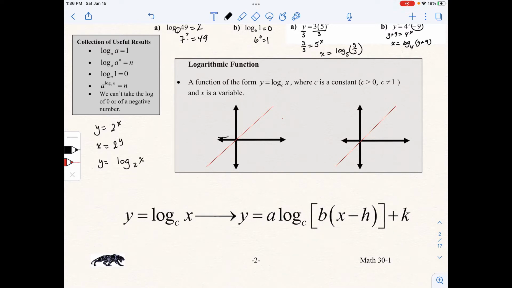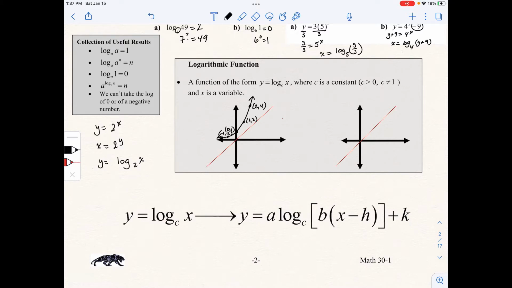Our y equals 2 to the x had a y-intercept of (0, 1), and a couple of points of (-1, 1/2), (1, 2), and (2, 4), and so on.